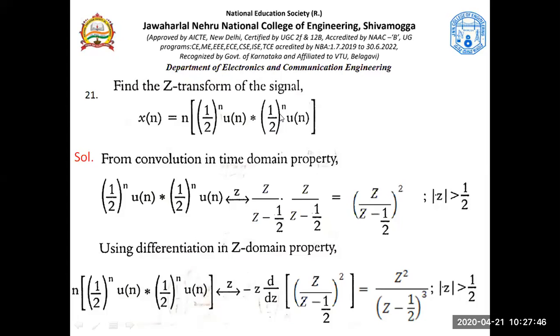Understand? This is how we do it using the properties. See the steps involved, there are very few steps. Yes, you need to remember the convolution property and the differentiation in Z domain property. That is something that would make things easy for you.